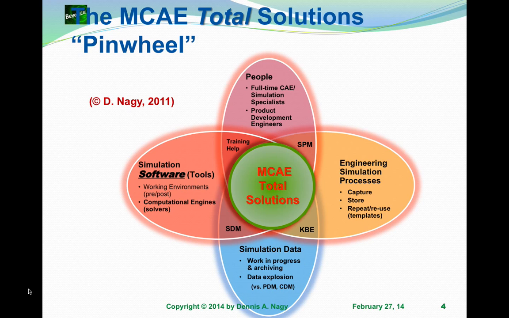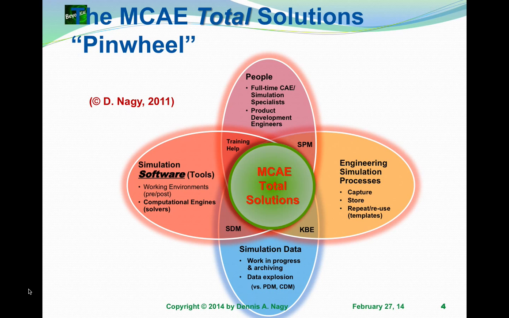So there are really things going on in all these areas, and each one of them overlaps, so that you have training and help functions that make it easier for people to use the software. You have simulation process management, which is a way of capturing what people do with simulation so that it can at least be looked at by other engineers or reused, modified, and so forth.